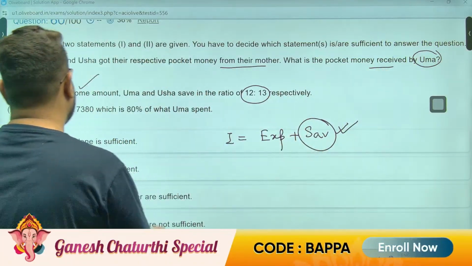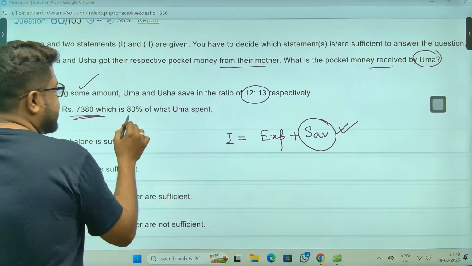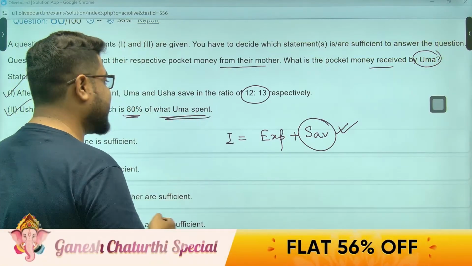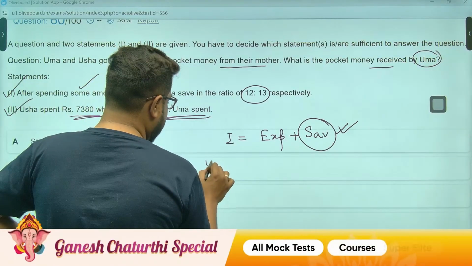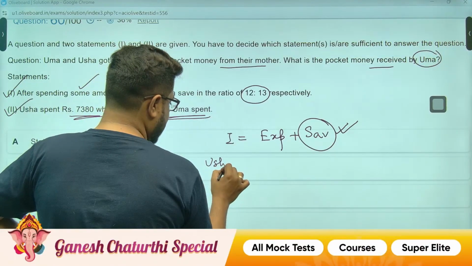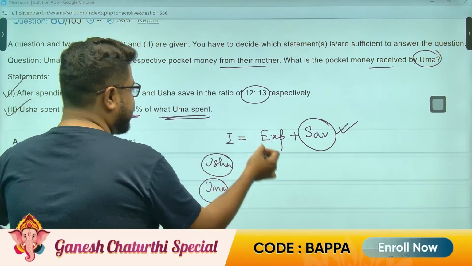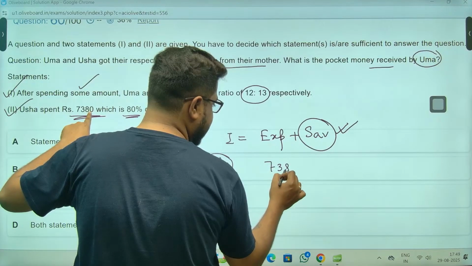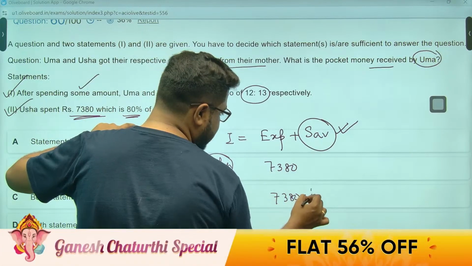Statement 2 पढ़ते आओ. Usha spends this much, which is 80% of what Uma spent. Let's say Usha's expenditure is 7380 and Uma's expenditure will be more than that, into 100 by 80.